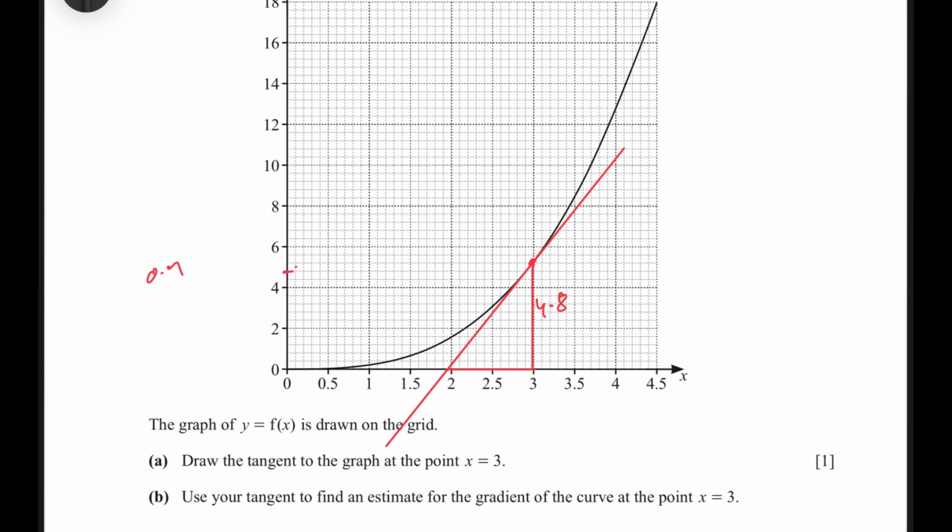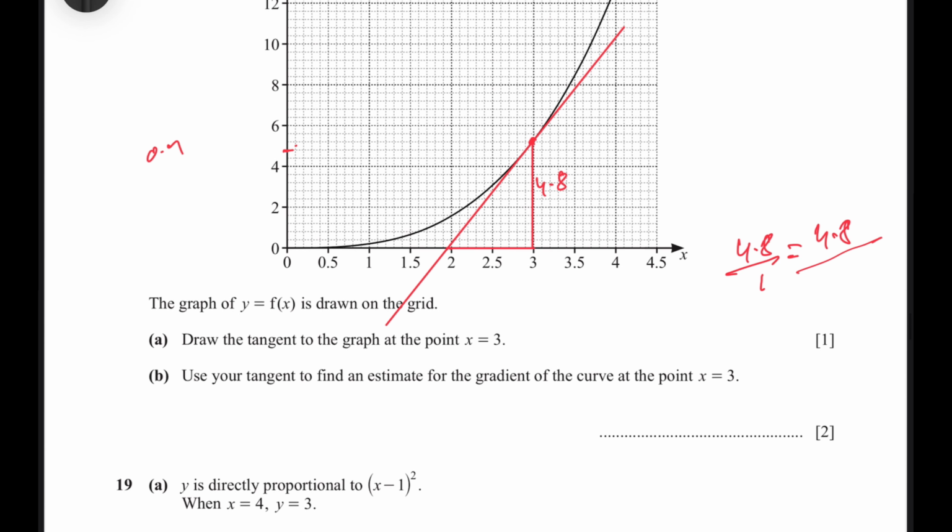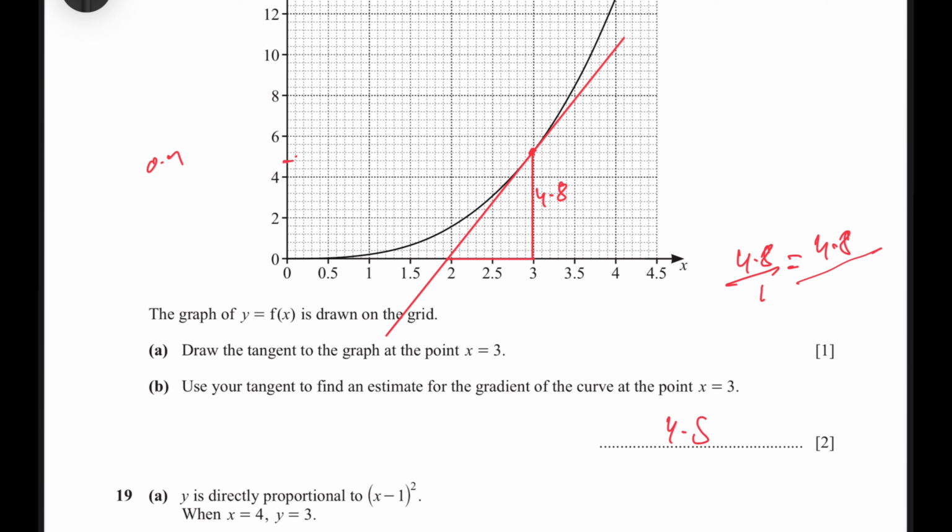And this we can take as 1 only, because it's almost 1. So we take 4.8 by 1, which is 4.8. So the slope of this, the estimate of the gradient of the curve, is 4.8. That will be our answer. Just be careful when you draw the tangent. The tangent means the line that should just touch the point.